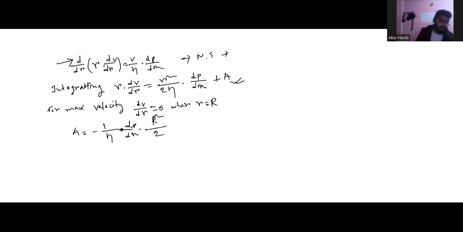So from equation 1, we will get r dv/dr is equal to r squared divided by 2 mu d/dx of p plus a.